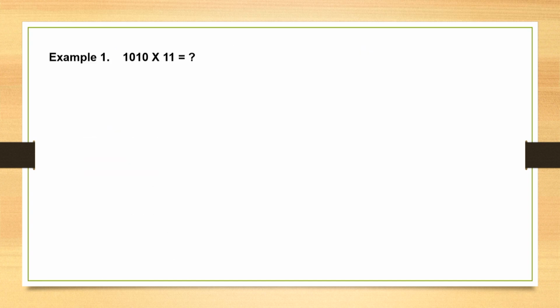So, let us take an example to do this. Suppose you have to multiply 1 0 1 0 by 1 1. So, this 1 0 1 0, let's find its decimal equivalent. Why am I doing it? Just to cross check whether I am doing it correctly or not.